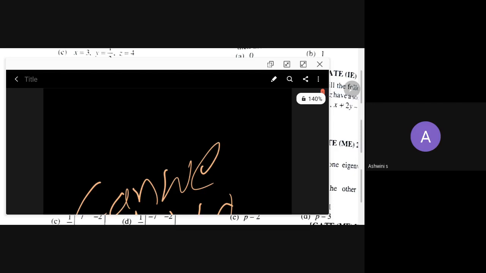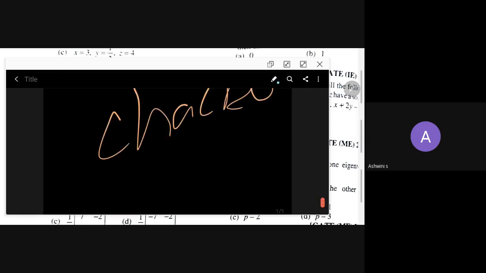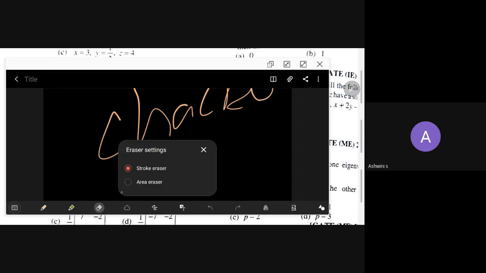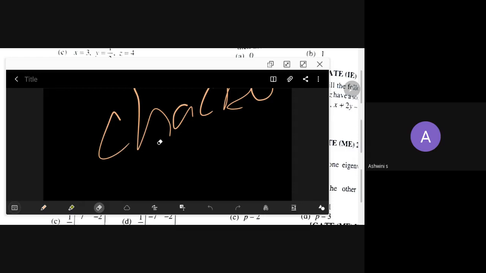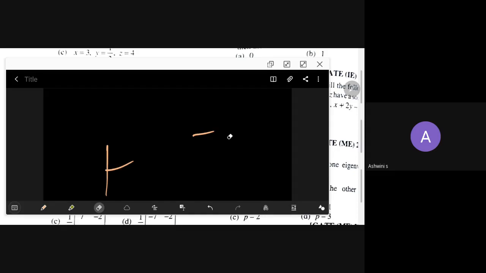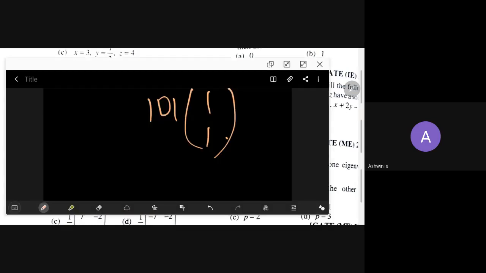Yeah, see here. Just a minute. Right. Now see, you have the vector [1, 0, 1], and on the other hand the matrix is [4, 2; 2, 4].